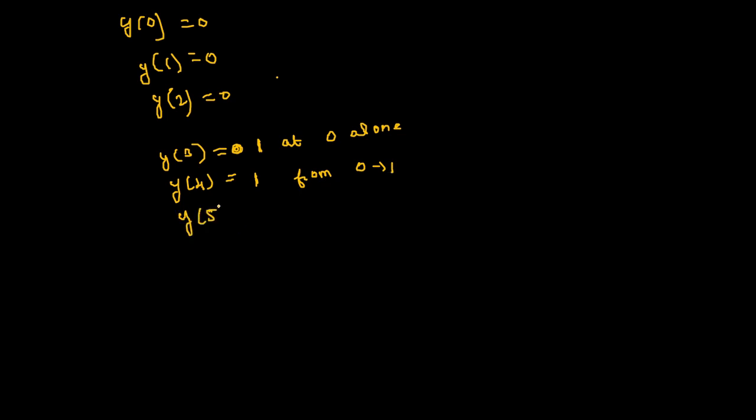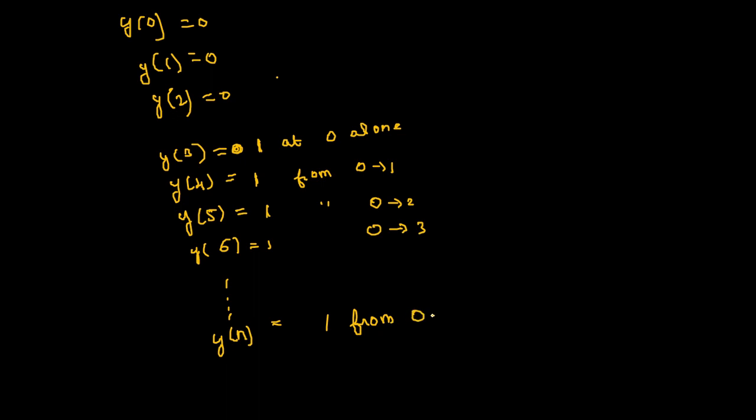Similarly, for y of 5, I have 1 from 0 to 2. For y of 6, it's again 1 from 0 to 3. So basically, I can simplify this as y of n is equal to 1 from 0 to n minus 3. However, this is true only for n greater than 3.